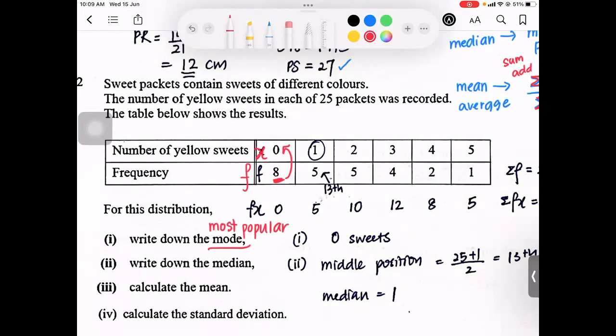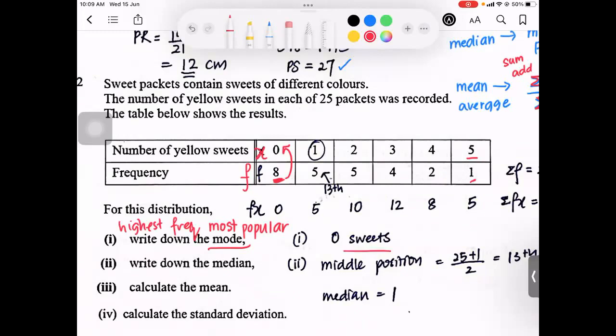Some people say 5 is the most, but the popularity for 5, the frequency, is only 1. It's a very low frequency. So don't look at the data value, look at the frequency. Most popular, highest frequency. So 0 sweets, you notice I include units.